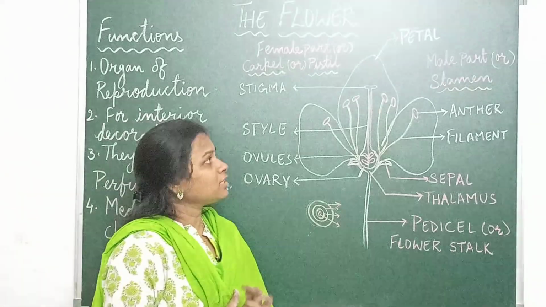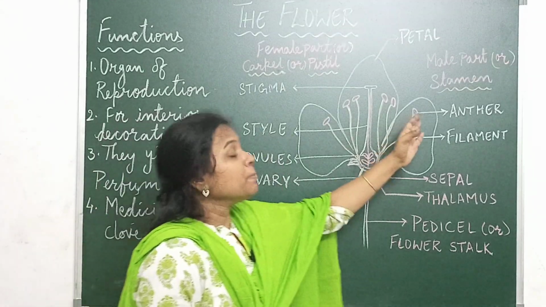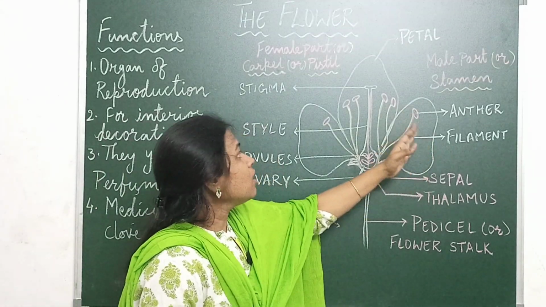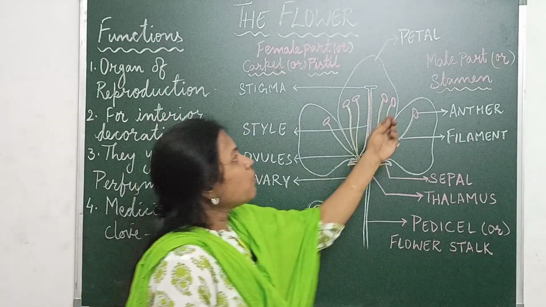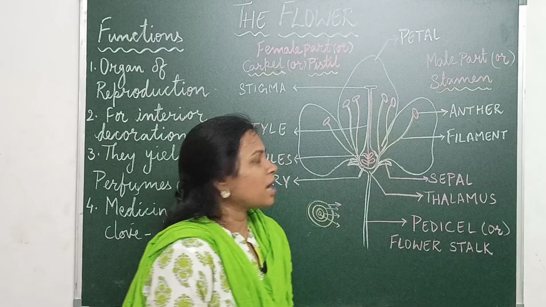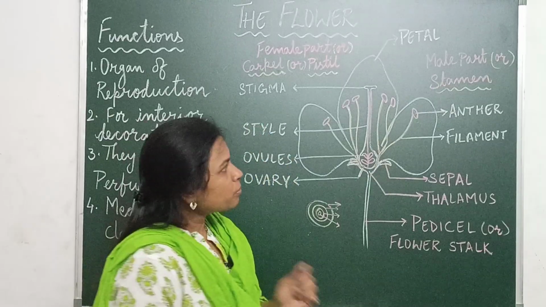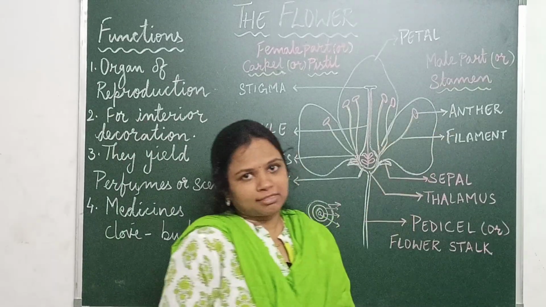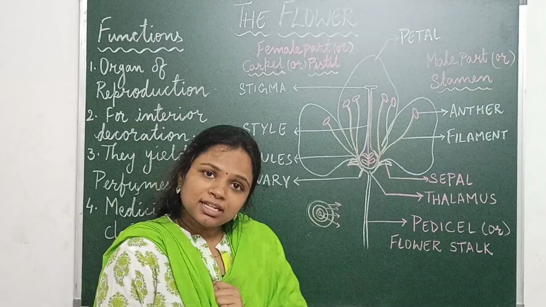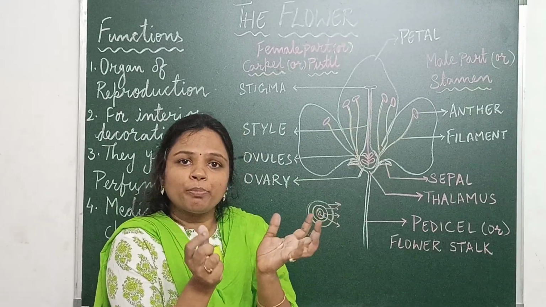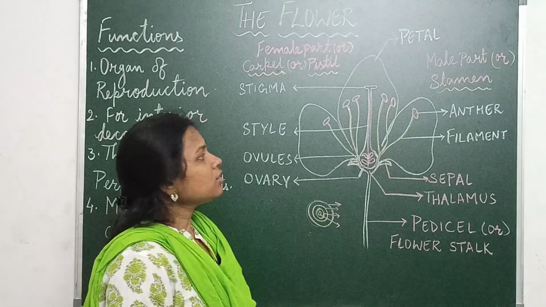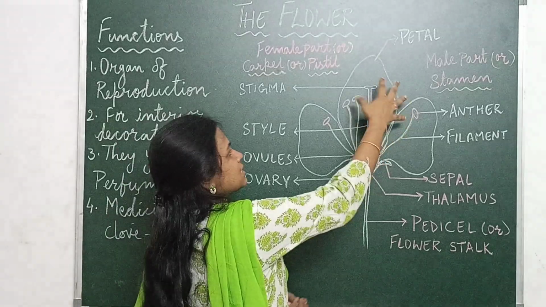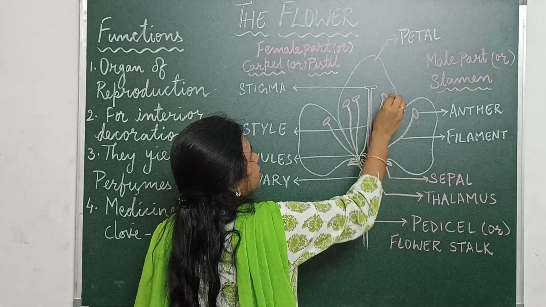Pollination is the transfer of the male germ cell onto the female germ cell. Pollen grains are produced by the stamen, more particularly in the anther. When the anther matures, it bursts open and liberates all the pollen grains, which are now dispersed over here.